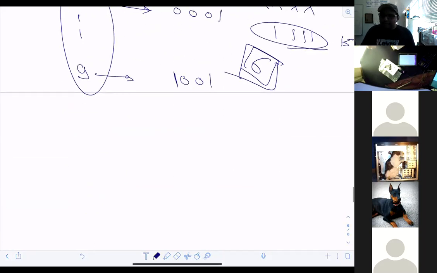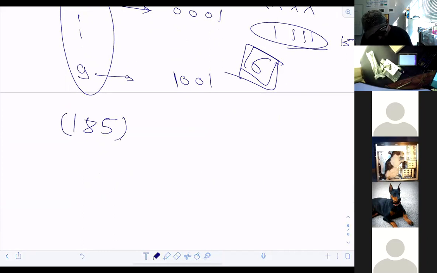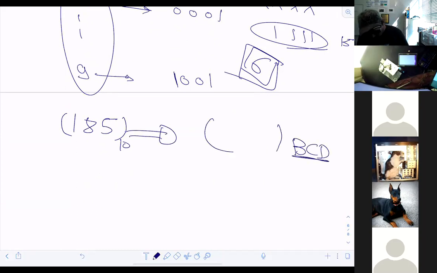Anyway, the second part of the representation: if somebody tells you I have 185 in decimal, and I'm asking you to convert it to BCD. I have 3 digits in decimal. What is the process? I will look at every single digit by itself.